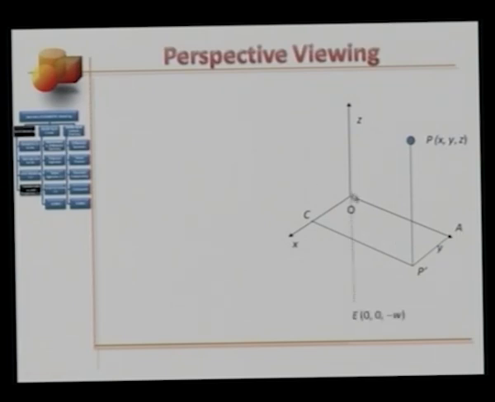Let us go down along the negative z direction and place our eye point or the viewpoint at a distance W from the origin.